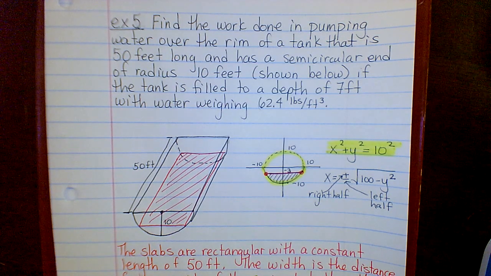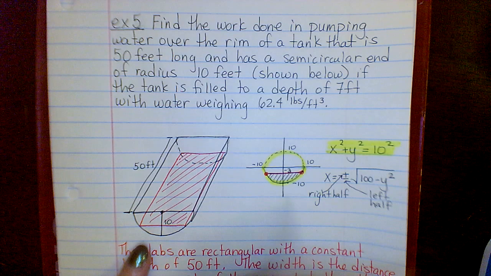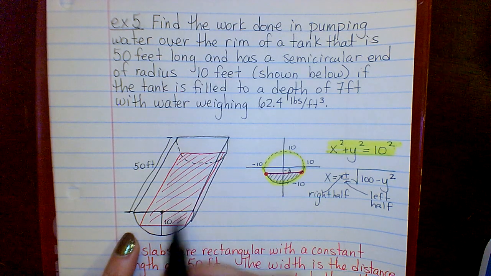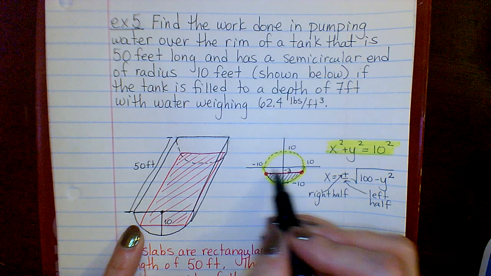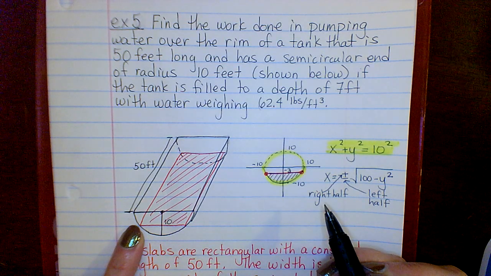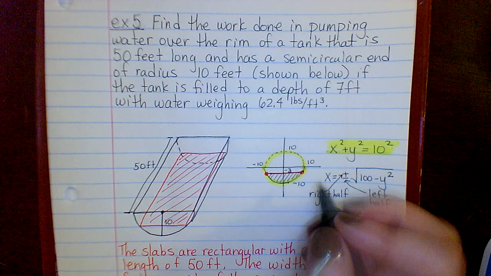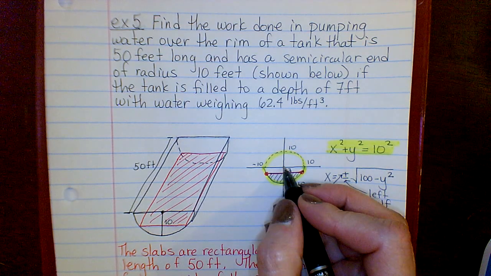In doing that, it made things a little weird. I oriented it to where this part right here is going along the x-axis, so that the center of my circle, that point right there, was going to be at 0, 0.